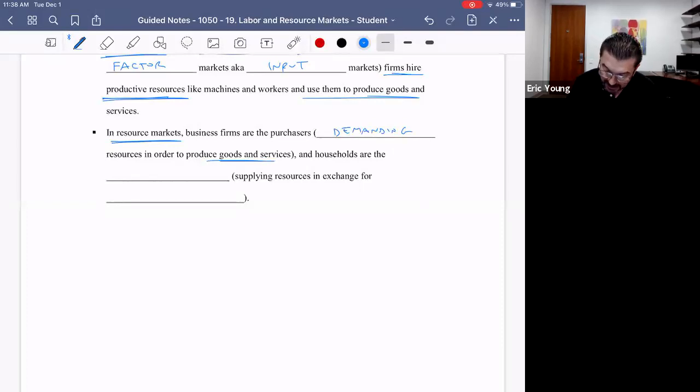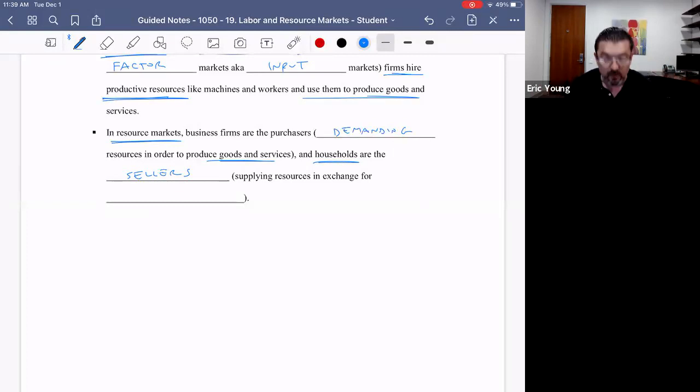And critically, households, that's you and me, we are the suppliers, the sellers. We're supplying resources: our labor, our land resources, our capital resources that we own.